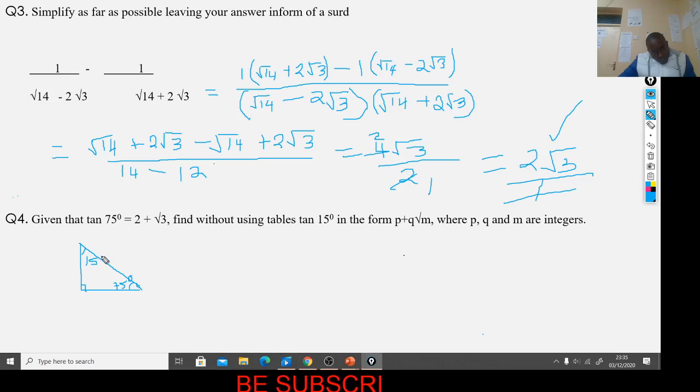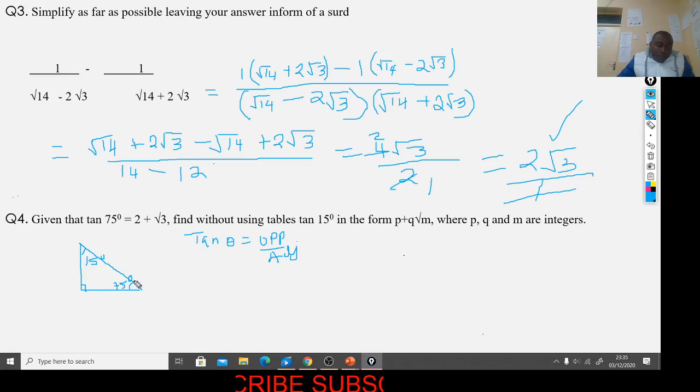So if that is my 15 degrees, and I know the tan of 75, TOA, tan theta equals opposite over adjacent.